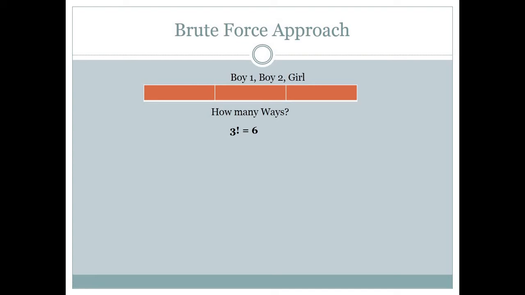For that, the brute force approach will generate a state space tree that will look like this. On the first seat, if boy 1 sits, then on another seat boy 2 can sit as well as the girl can sit.